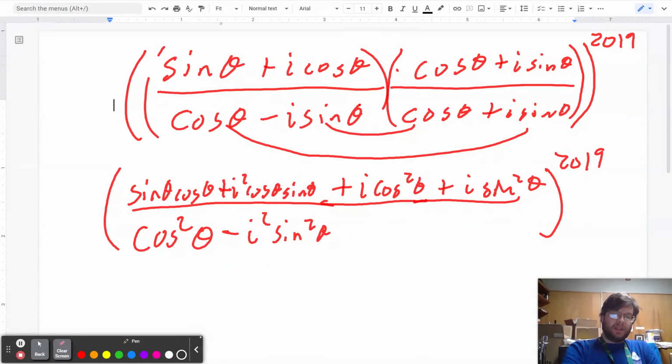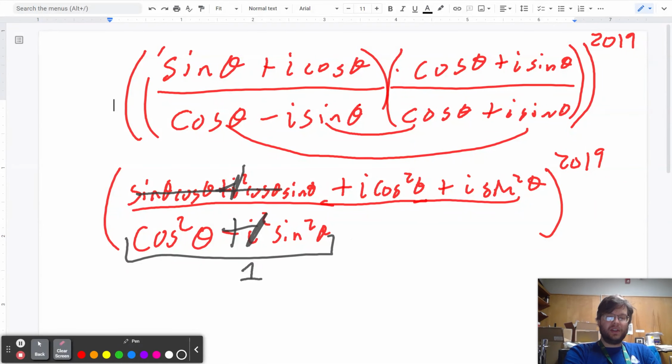So the bottom is a negative i squared, okay, becomes a positive. Cosine and sine makes 1. So our denominator is actually gone. On our numerator, i squared is negative 1. So I have sine theta cosine theta minus cosine theta sine theta. That's all gone.